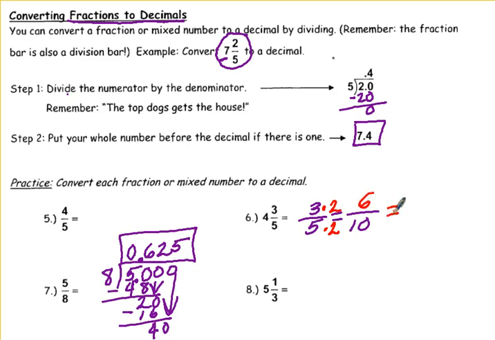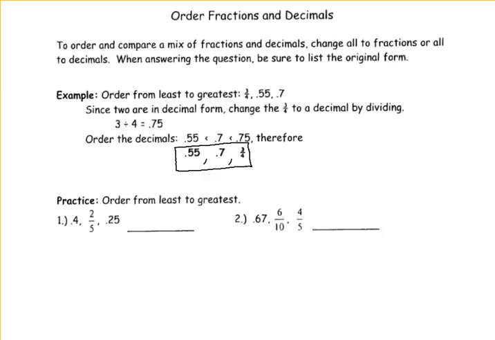Now use your knowledge of fractions and decimals, and we know that's 0.6. Don't forget your whole number, 4 and 6/10. So using division works every single time, just like we did up here. But sometimes you're lucky and you can change to tenths, hundredths, or thousandths, and it's a little bit easier using equivalent fractions. Either way is fine.